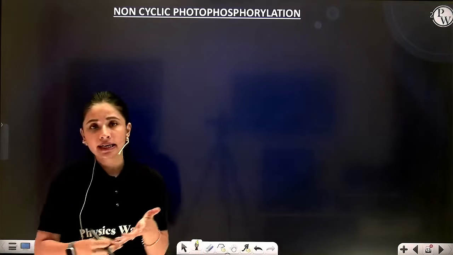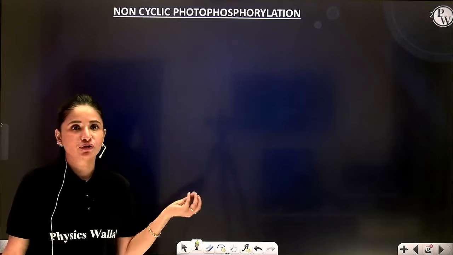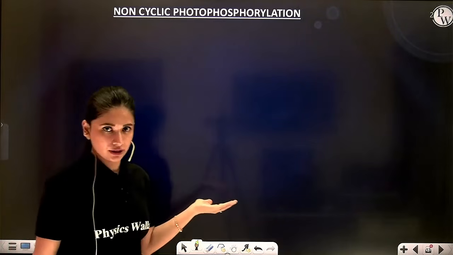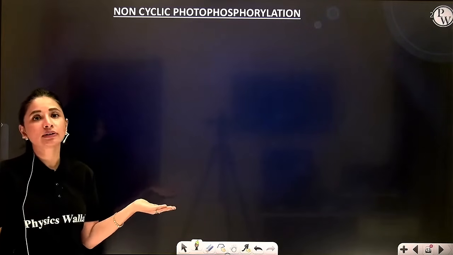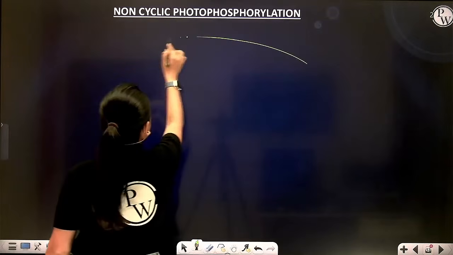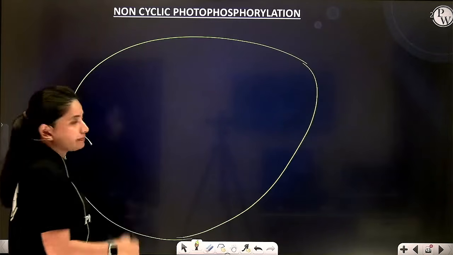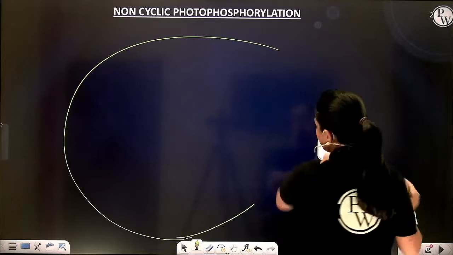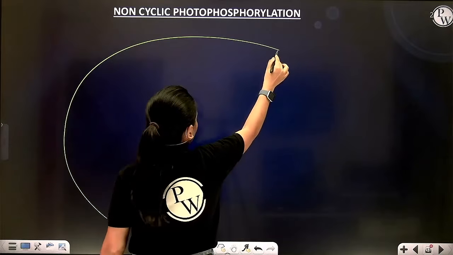Where does it operate? It is going to operate on your thylakoidal membrane. So for that I am going to draw a thylakoidal membrane first. So where does non-cyclic photophosphorylation operate? It operates on the thylakoidal membrane. So here is your thylakoidal membrane. Now I'll draw the thylakoidal membrane in two layers so that it becomes easy for me to explain.